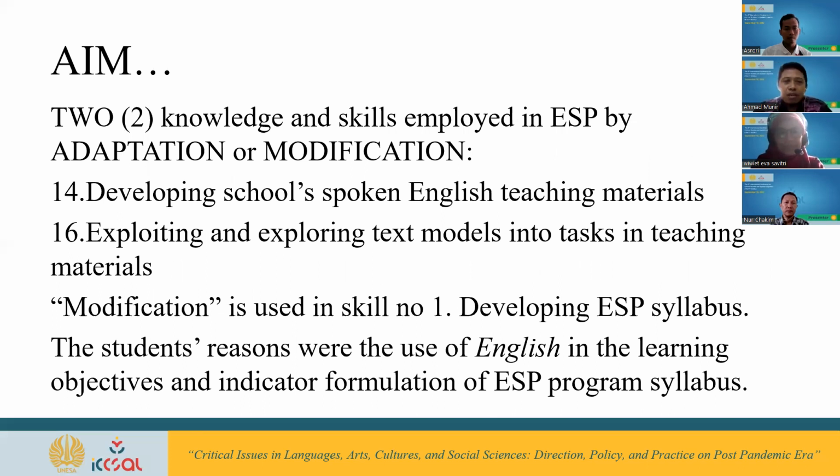In the table, you also see two knowledge and skills employed in ESP by adaptation or modification: skills and knowledge number 14 and 16, developing school spoken English teaching material, and exploring text models into tasks in teaching materials. So the modification is used in skill number 1, 2 in the table, developing ESP syllabus.